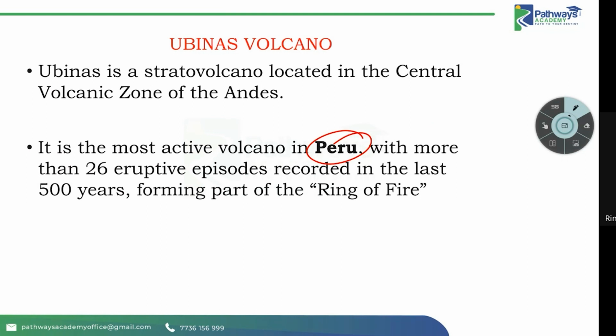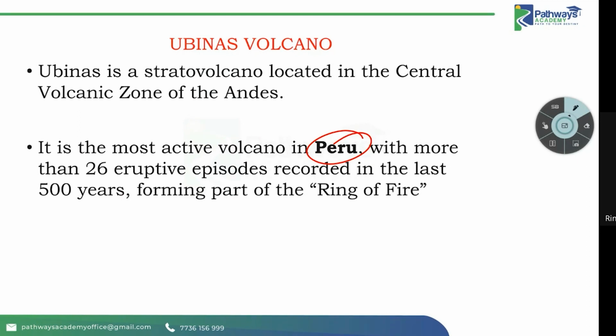But in case of our volcanoes, Barren and Narcondam, you have to look at whether it is active or dormant. We have two volcanoes. One is Barren, that is an active volcano in Andaman Island. It is not in Nicobar Island, it is present in Andaman Island. Second volcano we have is Narcondam.